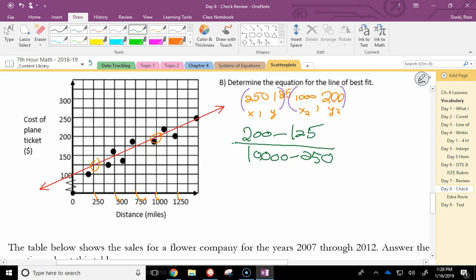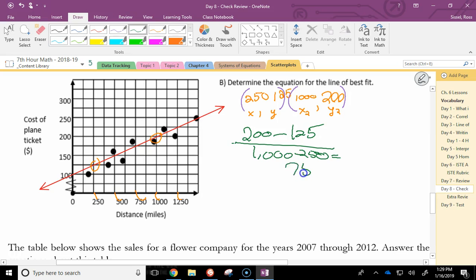Put equals, Charles. You're being my Vanna White up here. Vanna White's the one that always sits on the board and does all the work. Alright, so what is 200 minus 125? Who can tell Charles what he should write? Braden? Okay, so Charles, 200 minus 125 is 75.